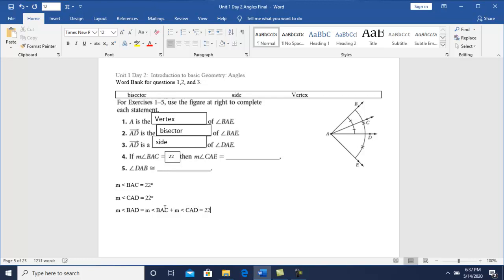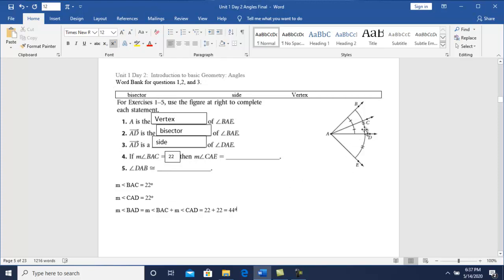So we're going to take 22 plus 22, which is going to equal 44 degrees. Again, you're adding these angles. So we know that.